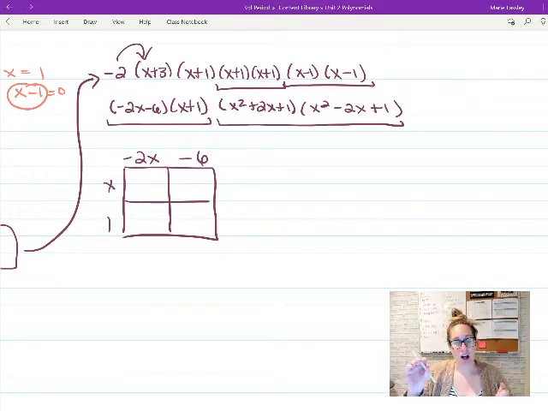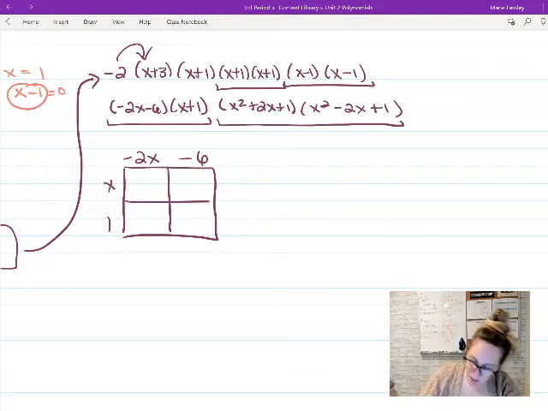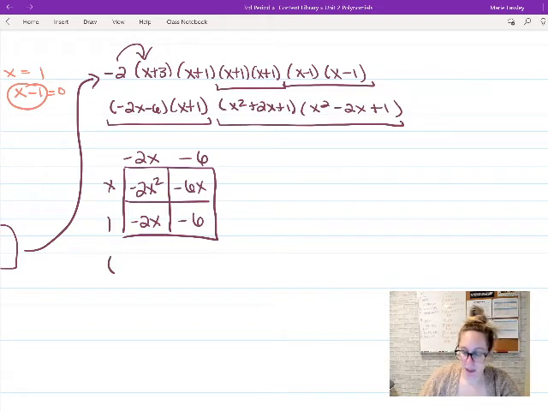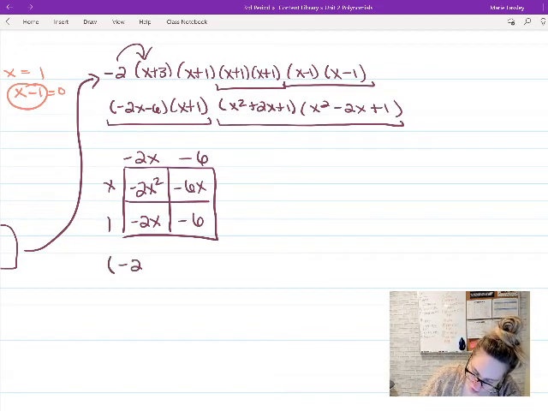So I put my factors on the outside, and I'm just going to multiply to get the boxes on the inside. So -2x times x is -2x squared, -2x times 1 is -2x, -6 times x is -6x, and then -6 times 1 is -6. So combining like terms in my box, that's going to give me -2x squared minus 8x minus 6.